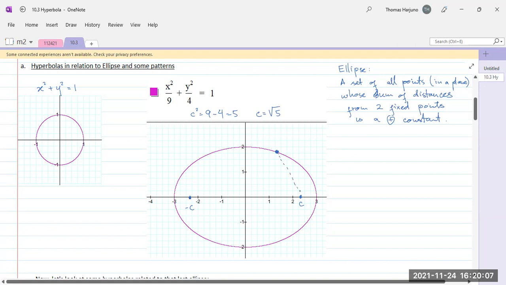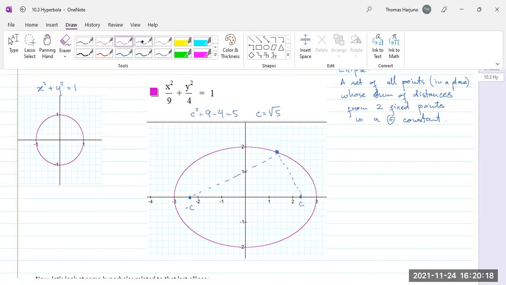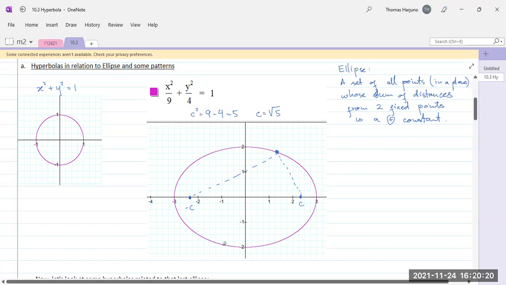Now, if I pick any point on the ellipse, then the sum of the distances from that point to both of the foci must be the same. If I pick a point, let's say here, the sum of the distances a plus b equals, let's say, x plus y here.